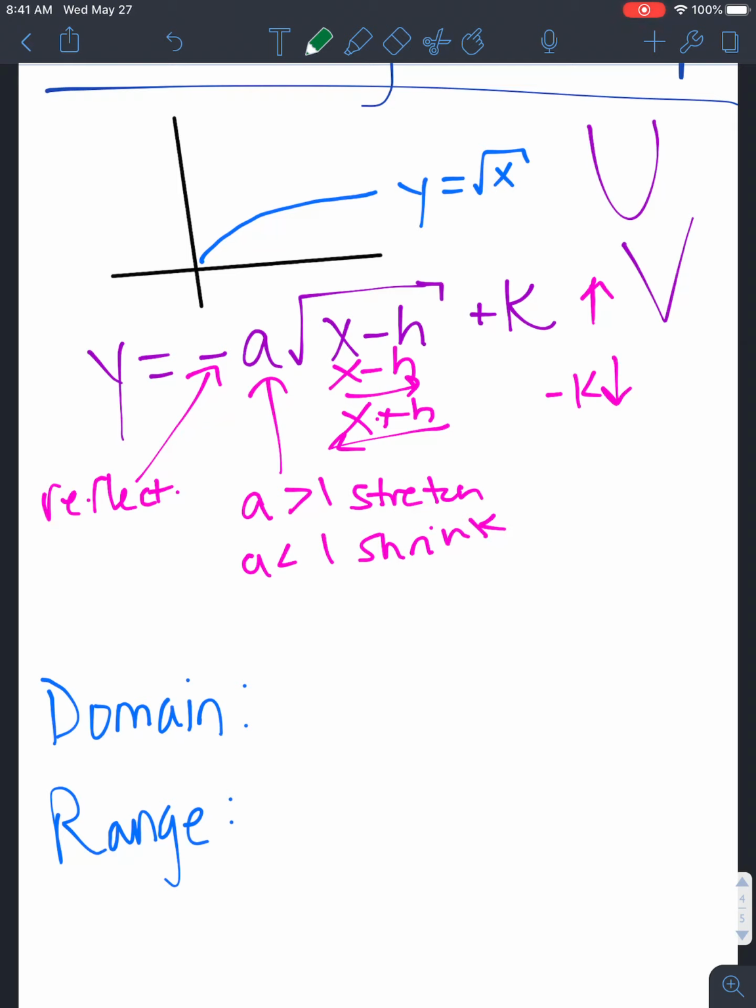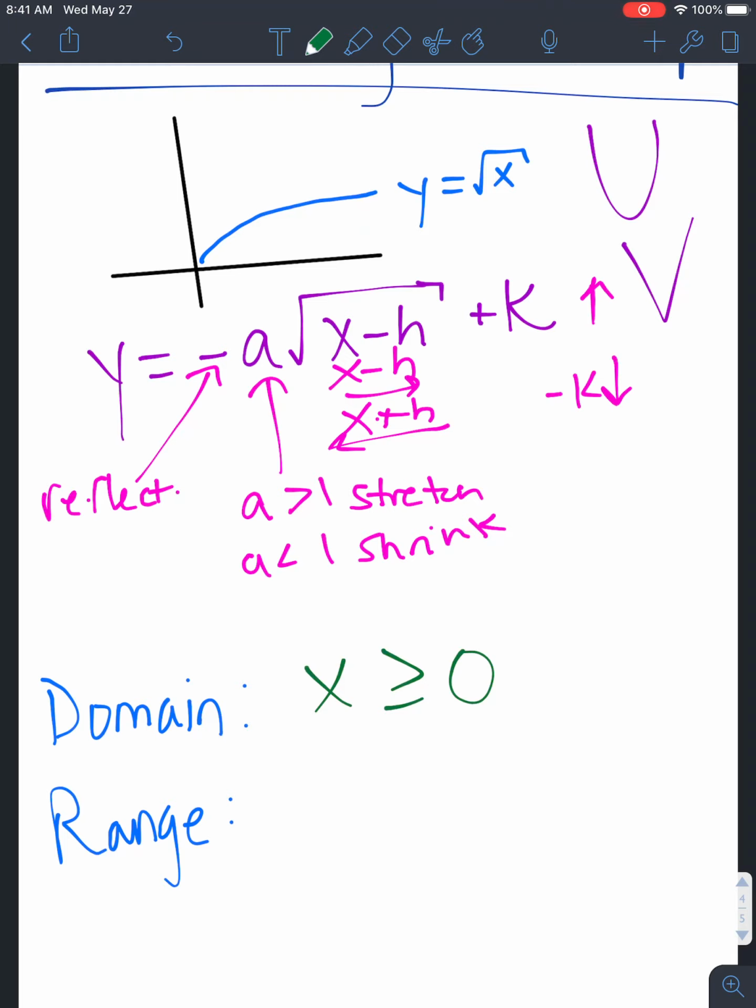And since we have a square root function, we know that we can never have negative numbers. That makes sense when you look at the fact that the entire negative half of the graph is completely blank. So our domain will be that x is greater than or equal to 0, and we say greater than or equal to 0 because that's telling us all of the numbers that we're plugging in are bigger than or equal to 0.